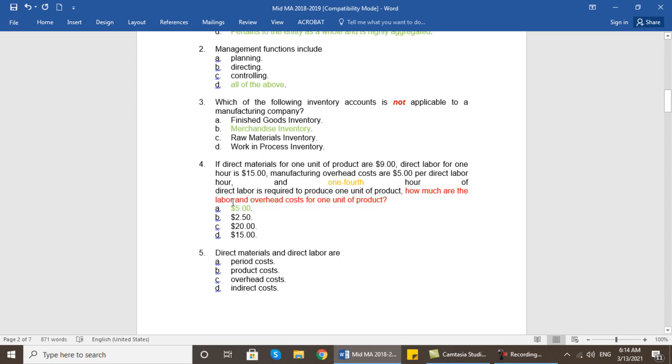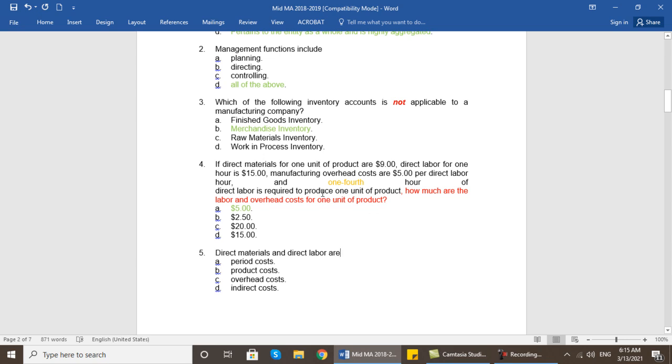The labor for 1 hour is 15, and the overhead for an hour is $5. So 15 plus 5 equal 20. But in 1 hour we produce 4 units.